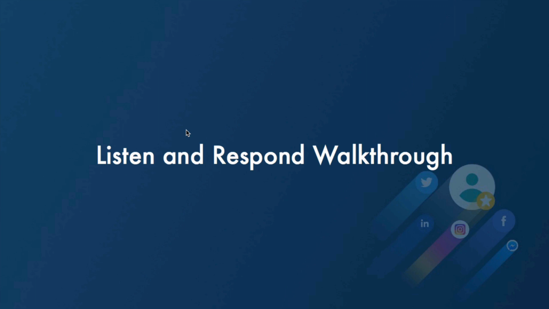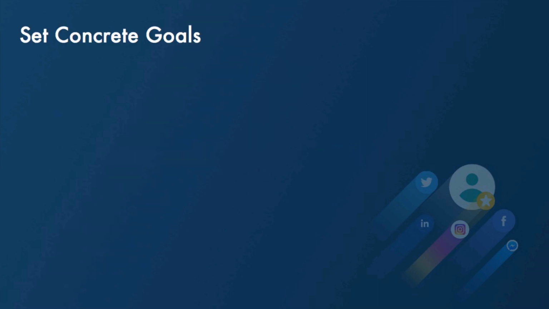Now, the last aspect of Twitter marketing, and this is something which newbie social media professionals fail to get, is about setting concrete goals. With social media, it's easy to get carried away saying, okay, I did so many tweets today.